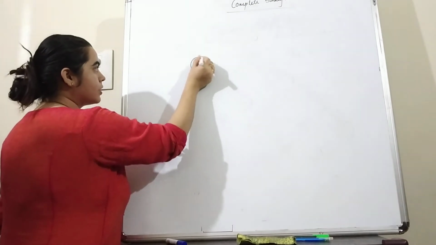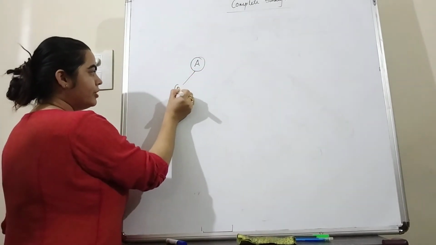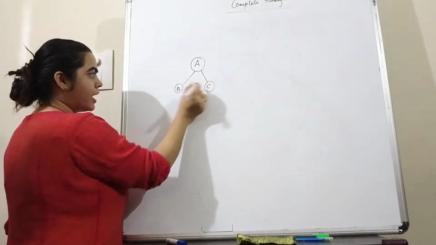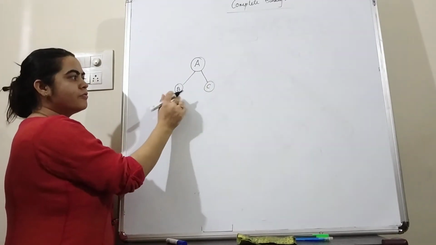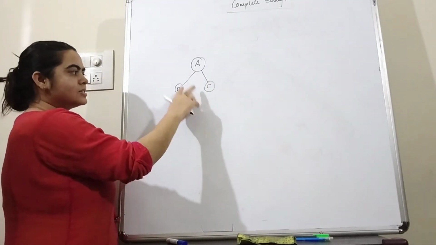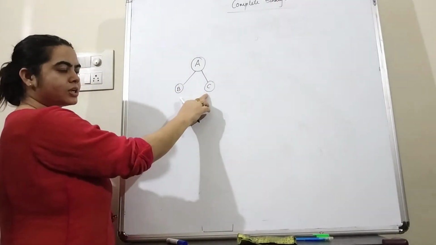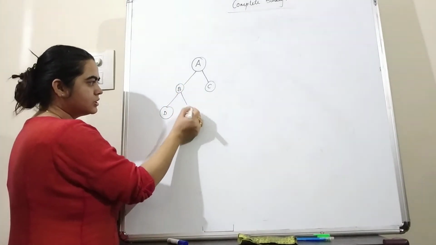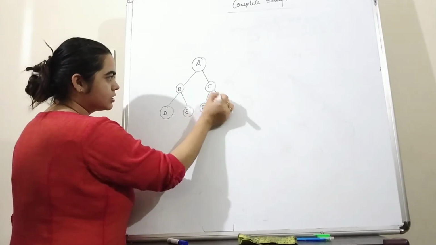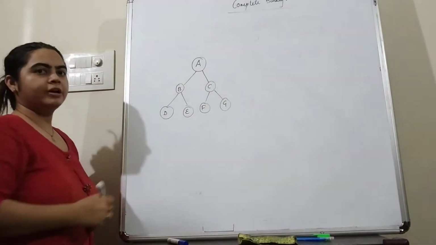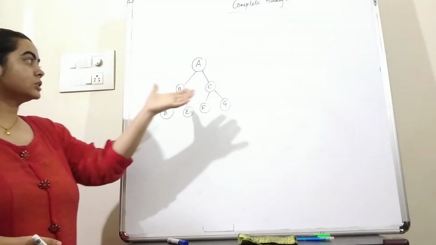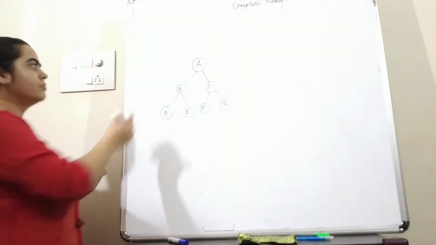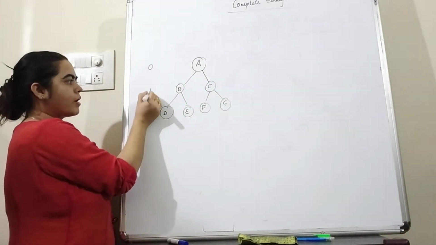Suppose we have a complete binary tree with root value A, and after that for A we have two children, that is B and C. B is the left side and C is the right hand side. For B we have D and E, and for C we have F and G as children. So this is a complete binary tree, because in this tree we have three levels, that is 0, 1 and 2.